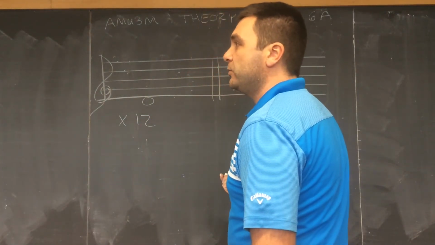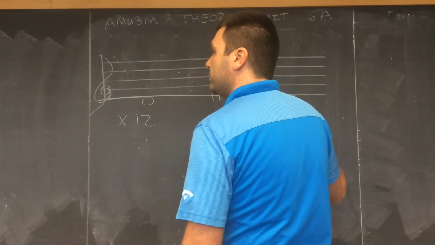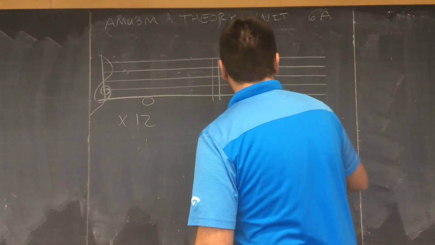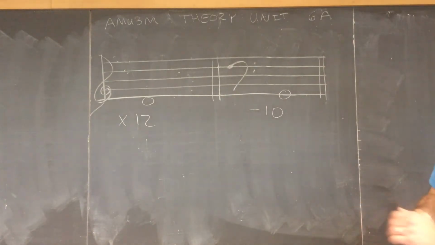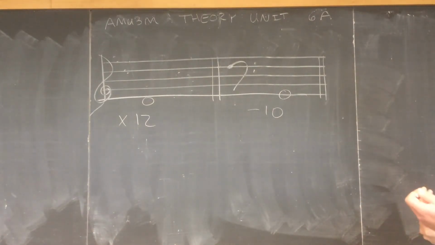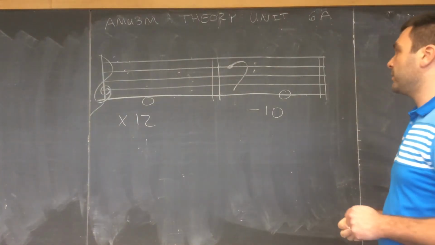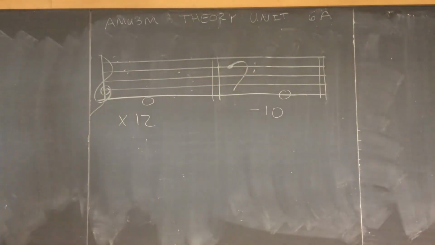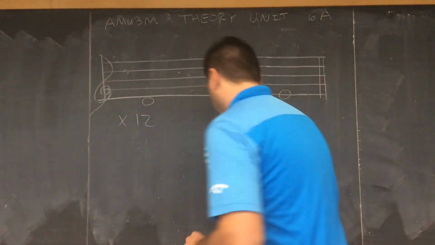And let's do a minor 10th above this note. So, same as always, when we're determining intervals and trying to solve these, actually we're going to do, you know what, we're going to do one below a note in the bass clef, just to mix it up.